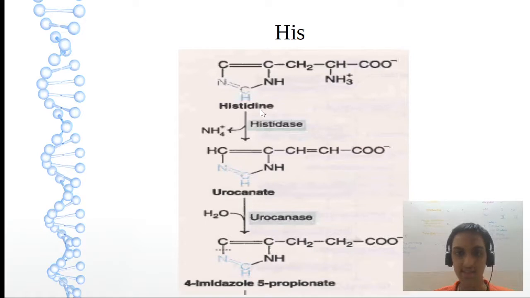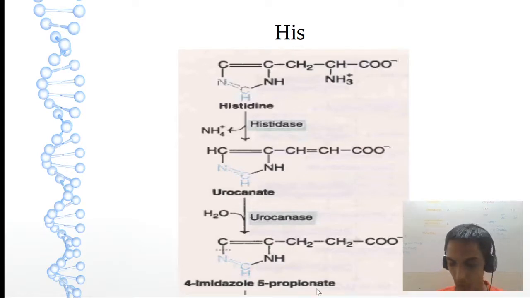So histidase. Okay. So I repeat from the start. Histidine on histidase enzyme, urocanate. Urocanate on urocanase enzyme, there is hydrolysis to form 4-imidazole 5-propionate. This is an intermediate, remember.